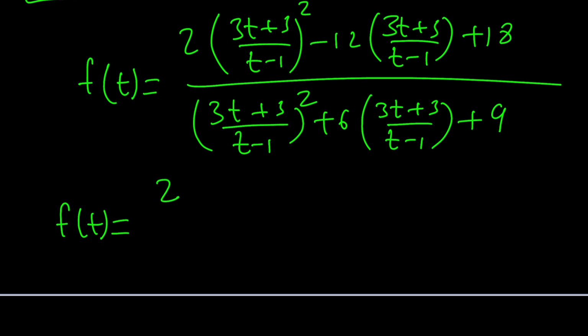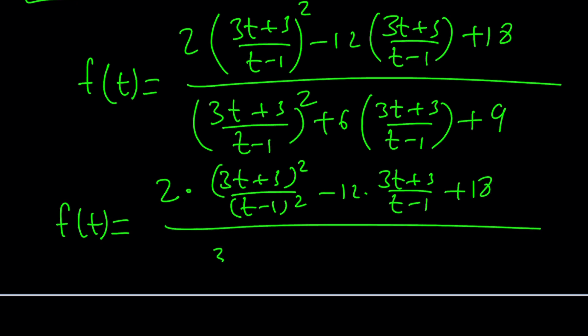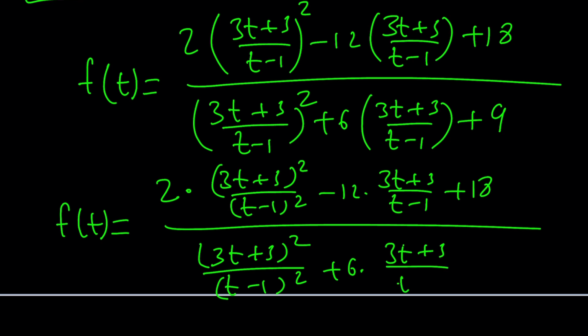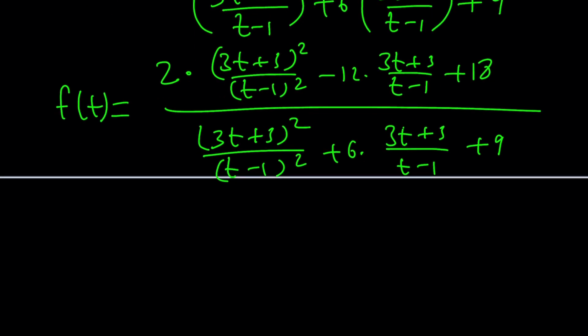So we're going to get the following from here. (3t plus 3) squared divided by (t minus 1) squared, minus 12 times this over this, squared, divided by (t minus 1) squared, plus 6 times this. I'm not distributing or multiplying yet because I'm going to multiply the top and bottom by (t minus 1) squared.